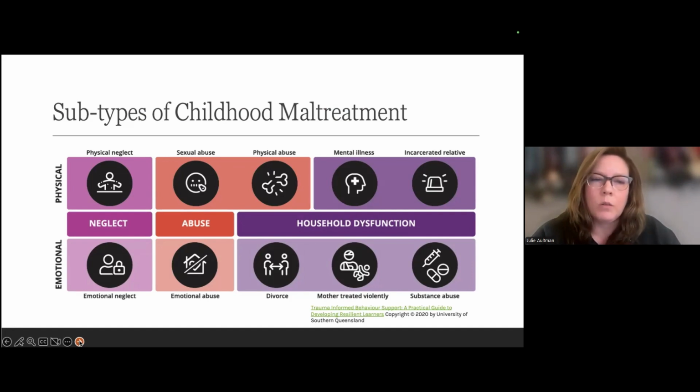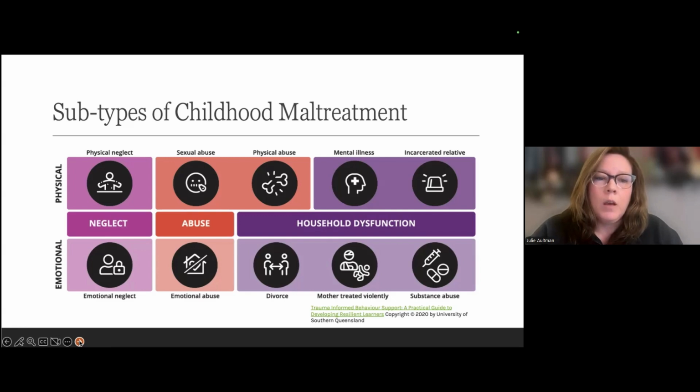When we start taking a deeper dive into what those components may be, as you see, neglect, abuse, household dysfunction, particularly if you look at the far right of household dysfunction, mental illness, both on the individual child's part, a parent, a guardian, the family dynamics that we need to consider. It's not an all or nothing. The child's abused, neglected. There are obviously circumstances that may be relevant: incarcerated relatives, substance abuse, oftentimes a mother or a parent is treated violently, even including divorce.